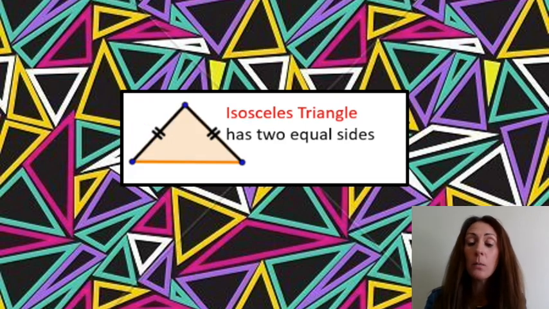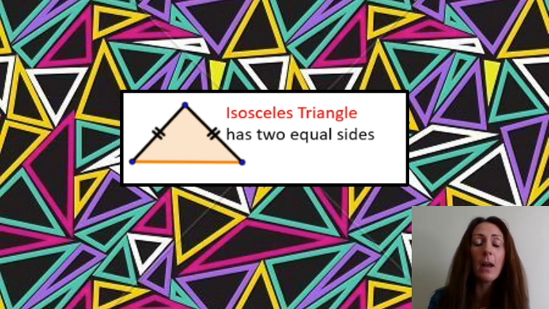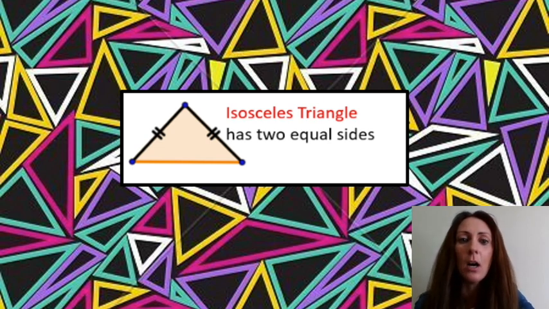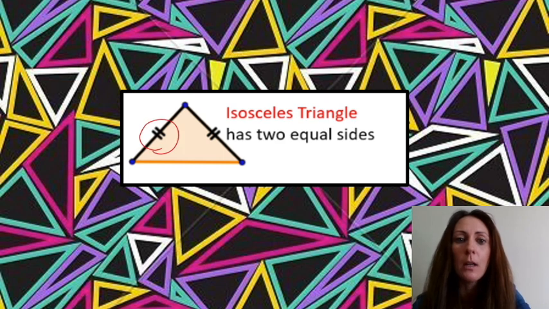All right, the next way that we're classifying triangles by their sides, the next type of triangle, would be an isosceles triangle. You can see that on the screen right now. An isosceles triangle has two sides that are equal or congruent, because couldn't we use that math word congruent too? You can see that again on our picture.